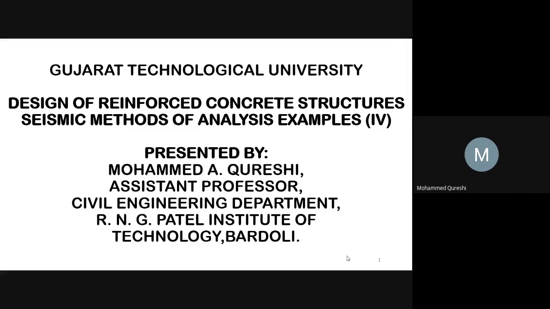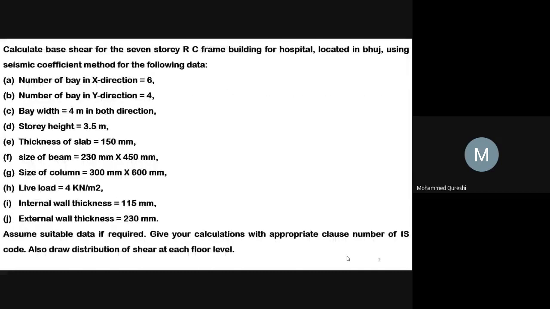Till now, we had discussed seismic methods of analysis examples in design of reinforced concrete structure subject. So, we will commence our same sum from vertical distribution of base shear.